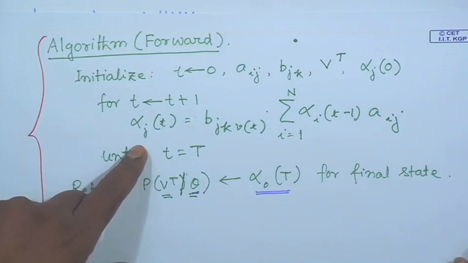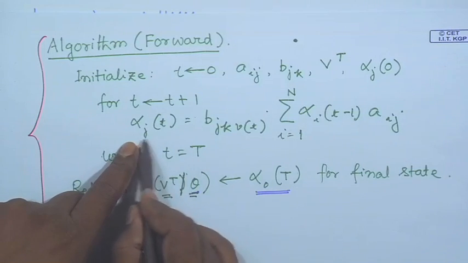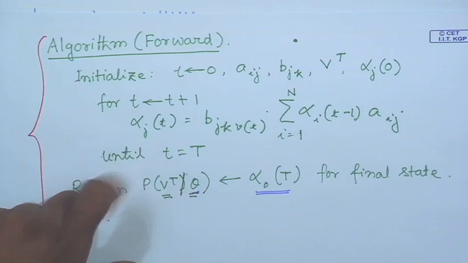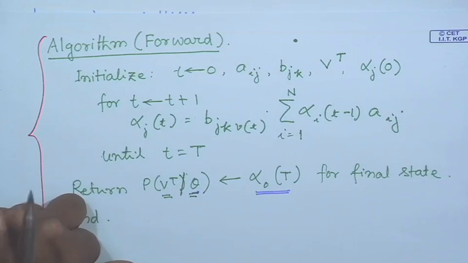In the forward algorithm, alpha_j(t) tells you the probability that the model will be in state omega j at time step t after generating the first t visible symbols of the given sequence V t.